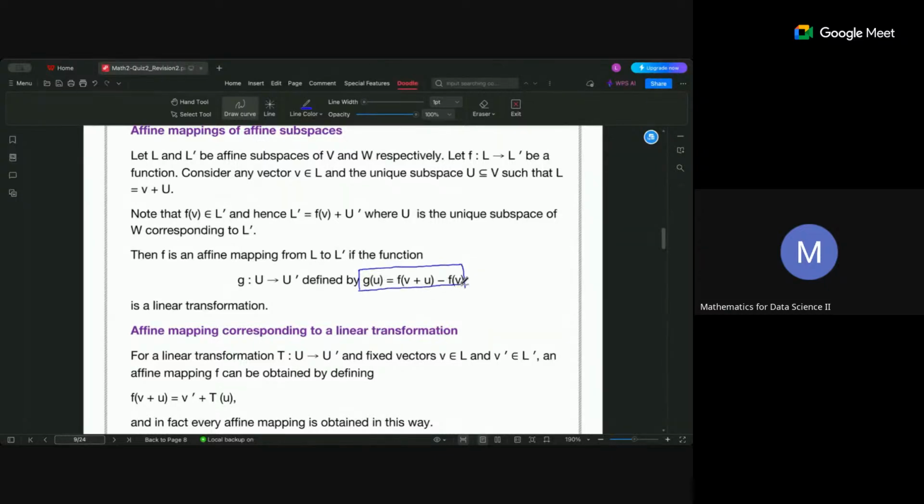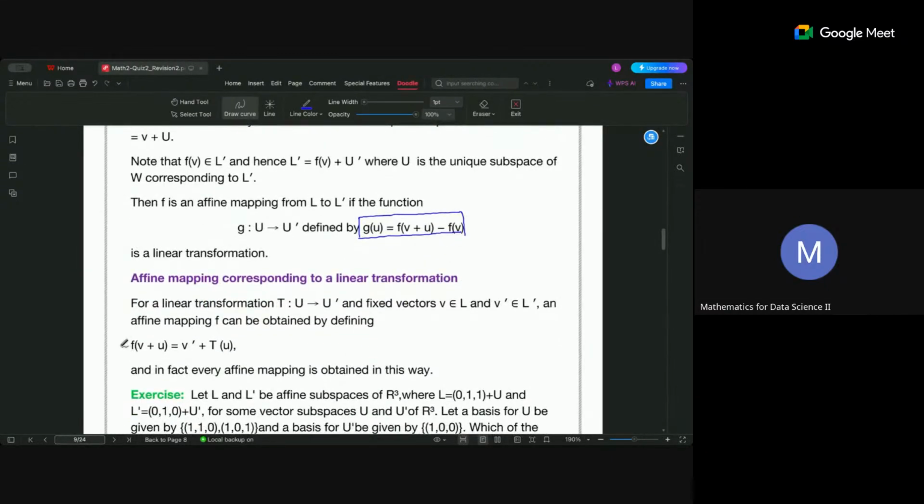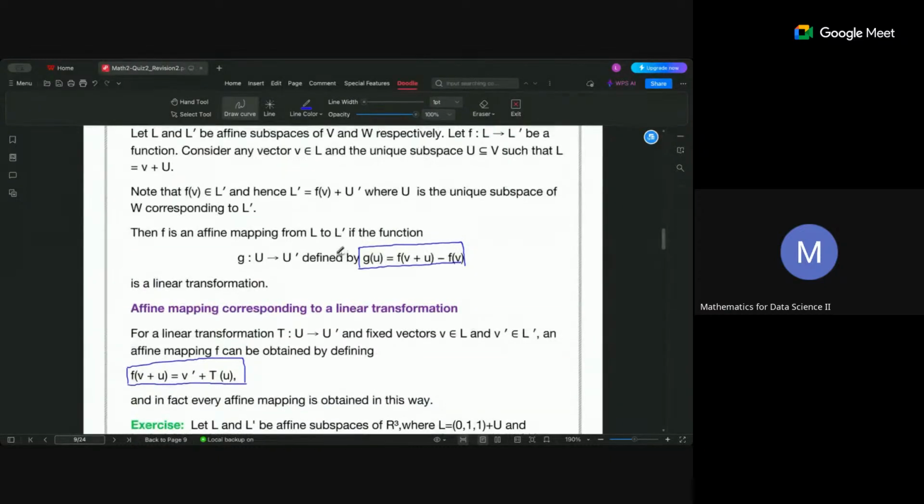Okay. So only this definition, you just have a look at this. And maybe for now, if you want to memorize also, you memorize what is this G, what is this F. So given an affine mapping from affine space to affine space, how to find a linear transformation to the corresponding subspaces. For that, you need this.